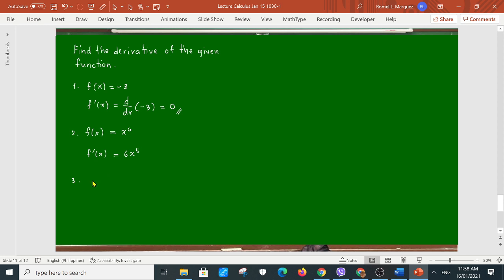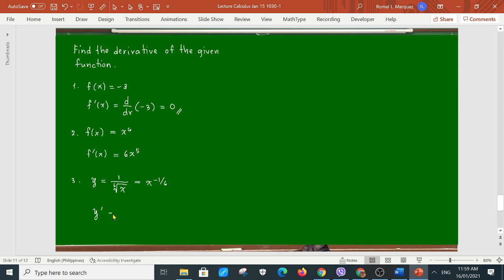If I have, let's say, y is equal to 1 over the 6th root of x, first we rewrite this into power form. So this is x to the negative 1 over 6. Now we can differentiate.